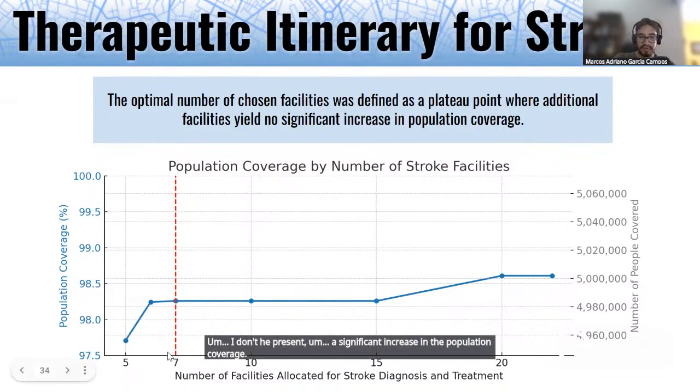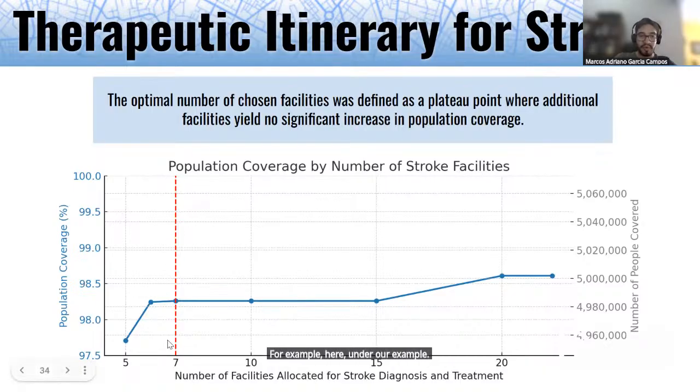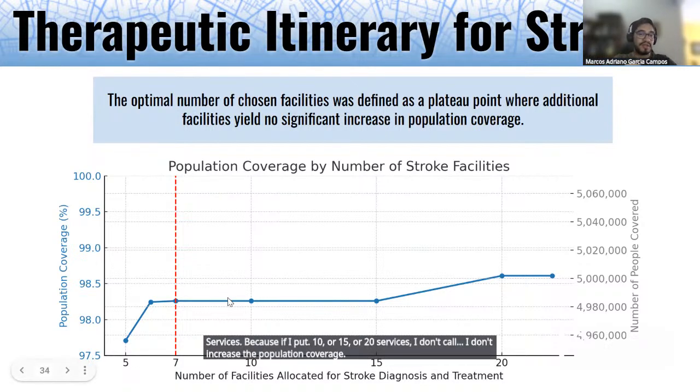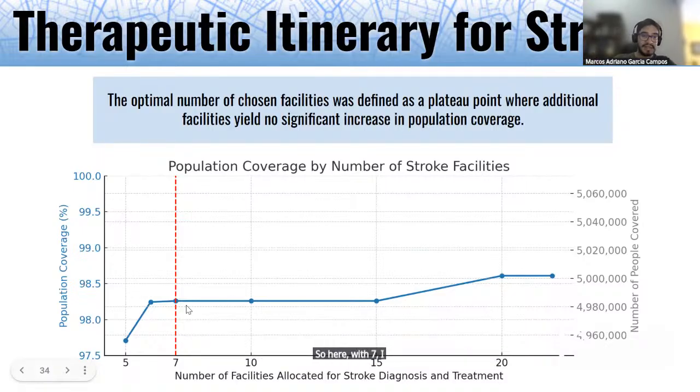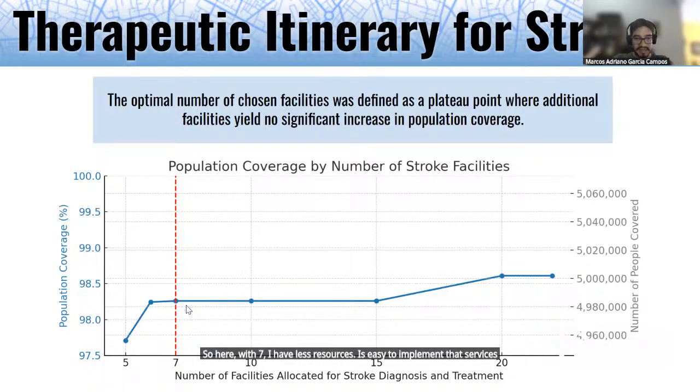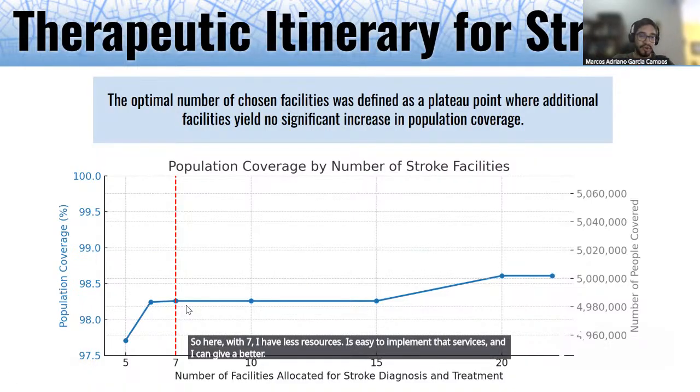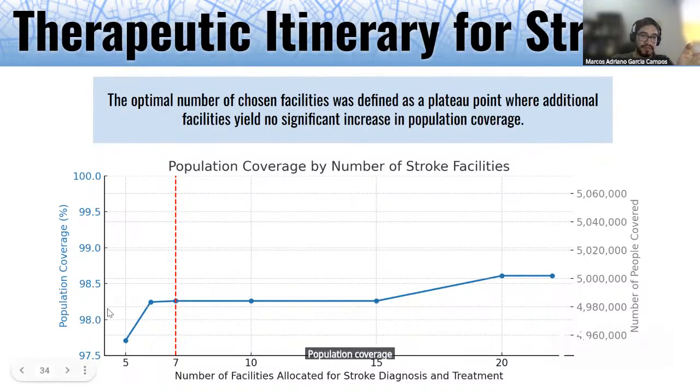For example, in our example, the optimal number was 7 services. Because if I put 10 or 15 or 20 services, I don't increase the population coverage. So with 7, I have fewer resources, it is easy to implement those services, and I can give better population coverage. More than 98% of the population in Maranhão are covered with only 7 services.